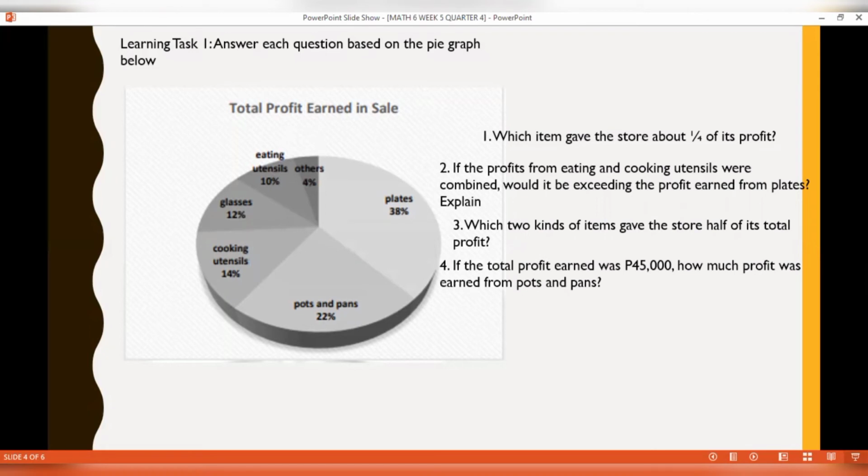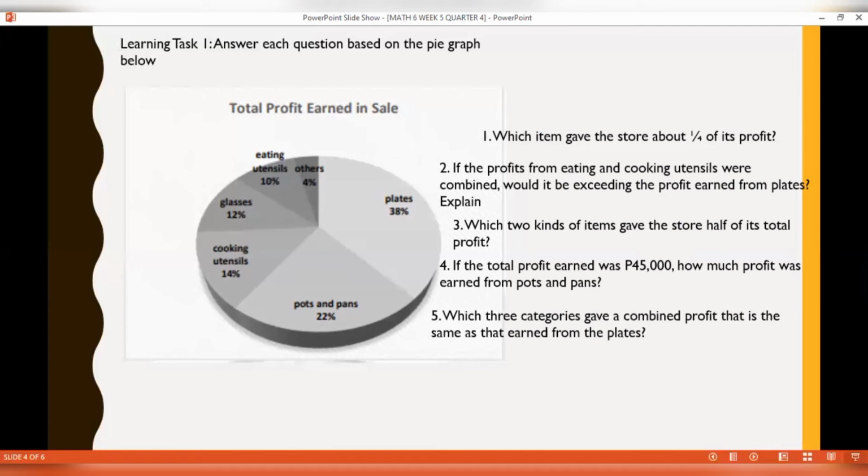Number 4, if the total profit earned was 45,000 pesos, how much profit was earned from pots and pans? So kung ito daw yung total, 45%, ilan daw or magkano daw yung profit from pots and pans? So i-multiply mo lang ito at itong total profit.